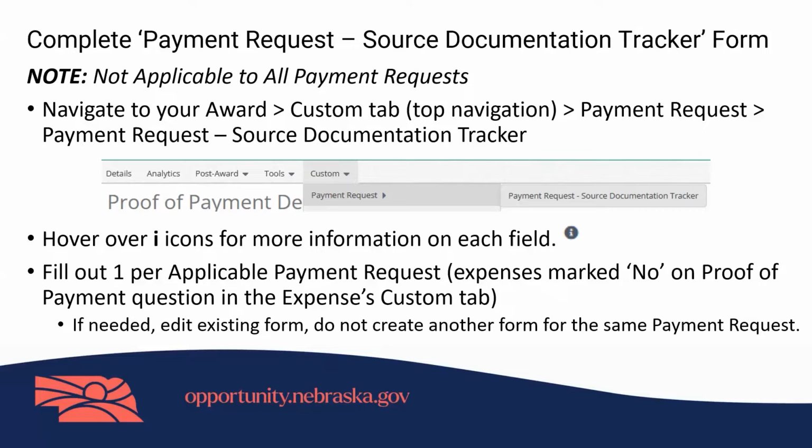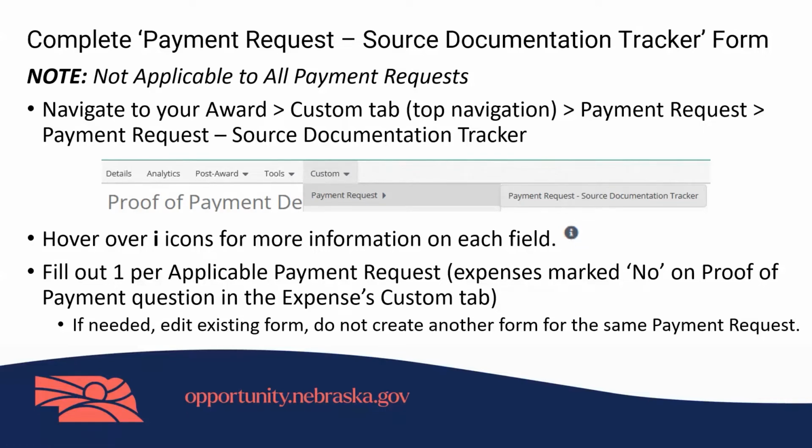So you'll go to your award like normal, go to that custom tab. You'll go to the payment request folder and choose payment request source documentation tracker. You'll go ahead and click the plus icon in the top right to create a new one. A good reminder is there are icons that look like this on the form if you need more information than what's on the form.